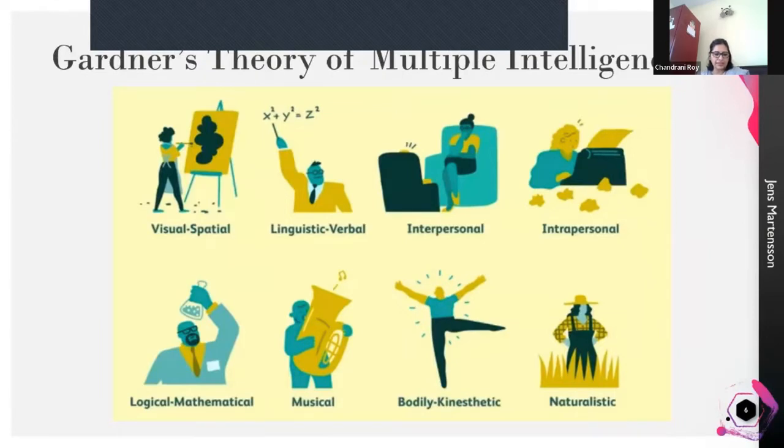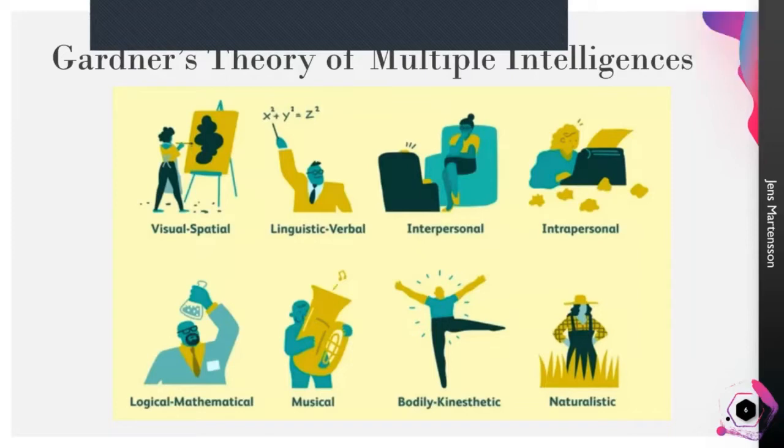And Howard Gardner differed in his opinion, and he gave his theory of multiple intelligences, which proposes that all people are not born with the same kind of intelligence.